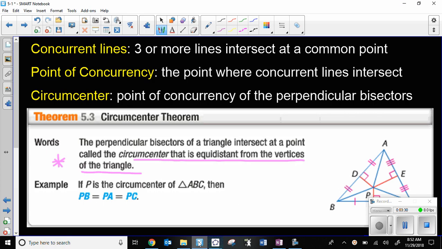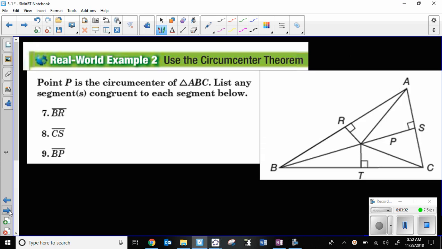Okay? As an example, what I'm looking for out of this, it's going to tell you point P is the circumcenter of triangle ABC, and I need you to list any segments that are congruent. There could be more than one. Okay, so we need to think. The circumcenter is formed by the perpendicular bisectors.